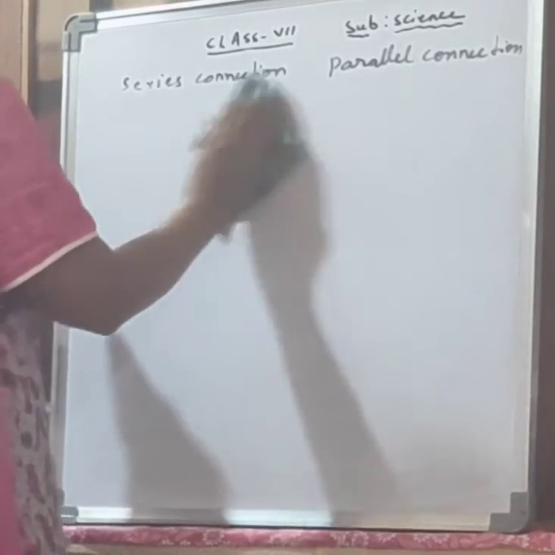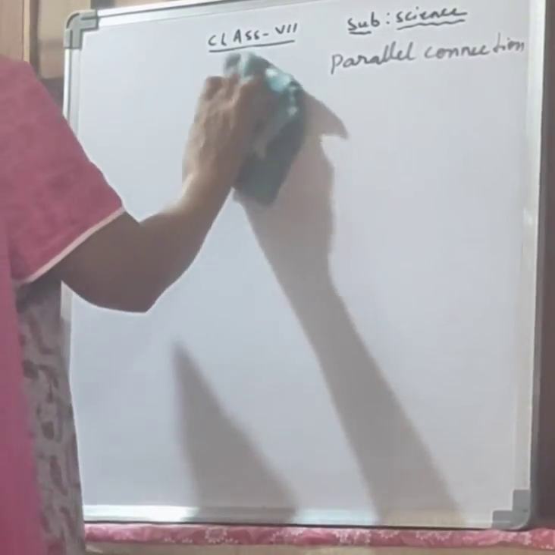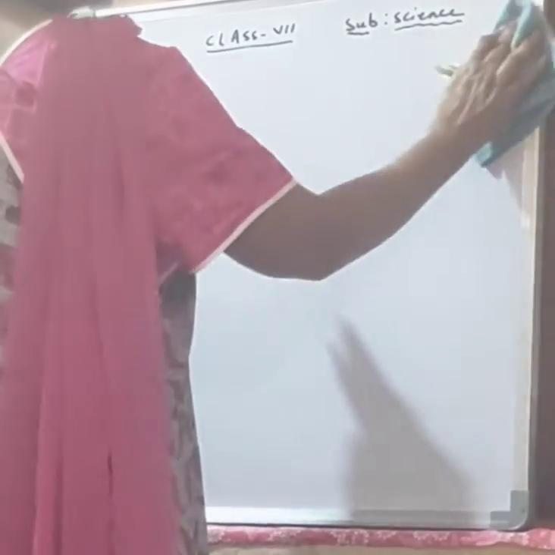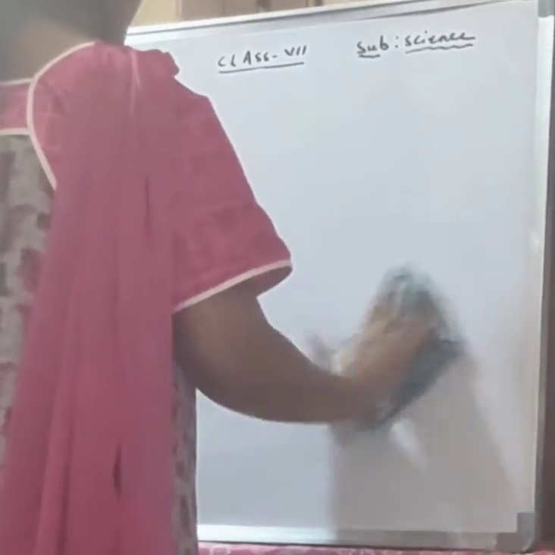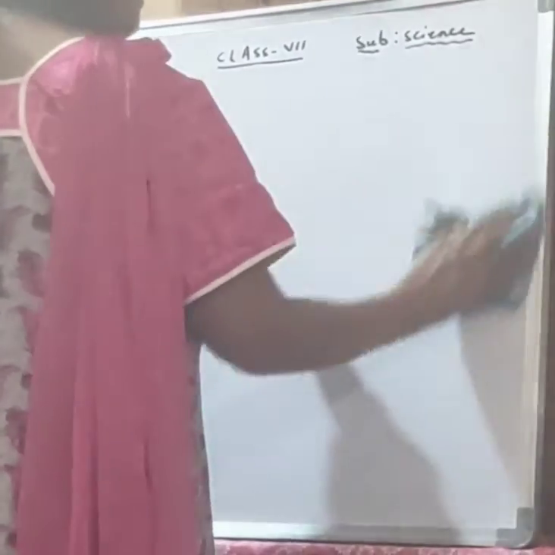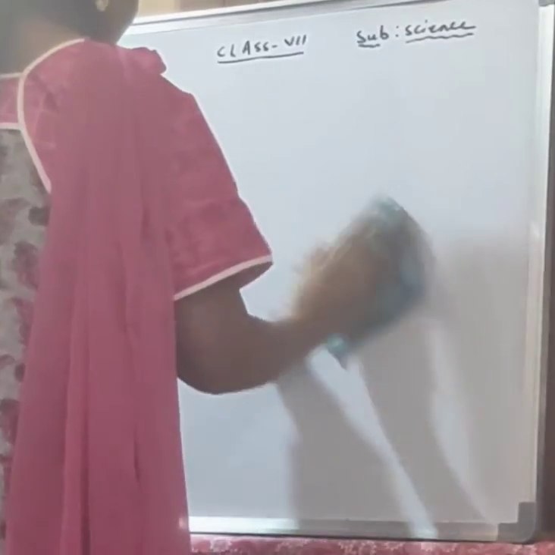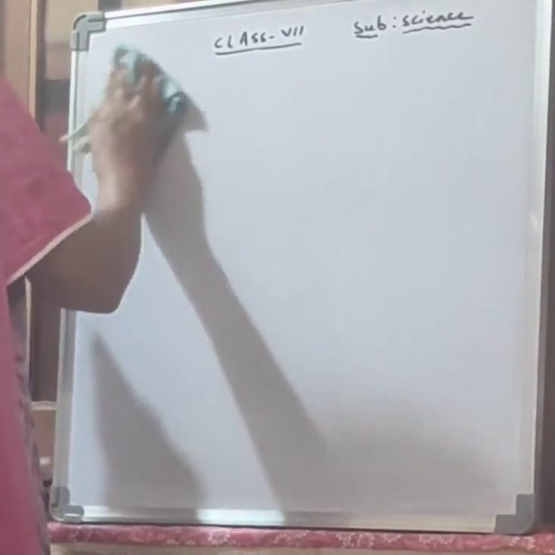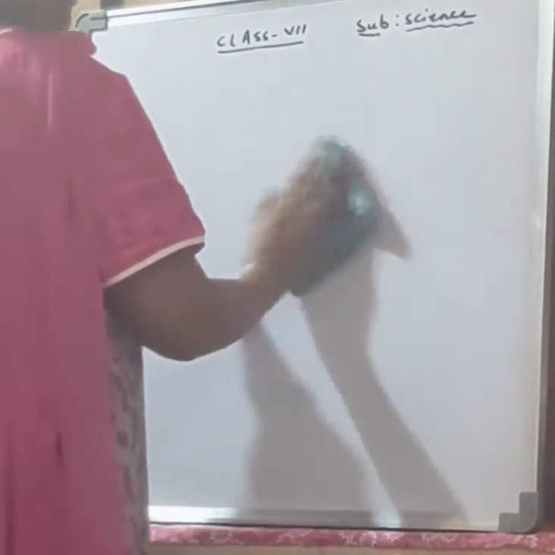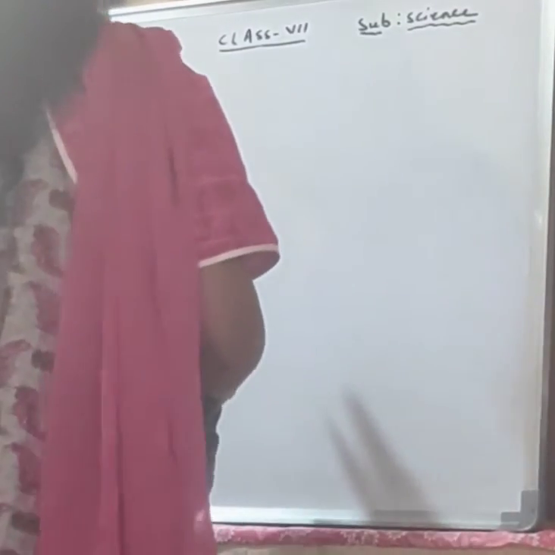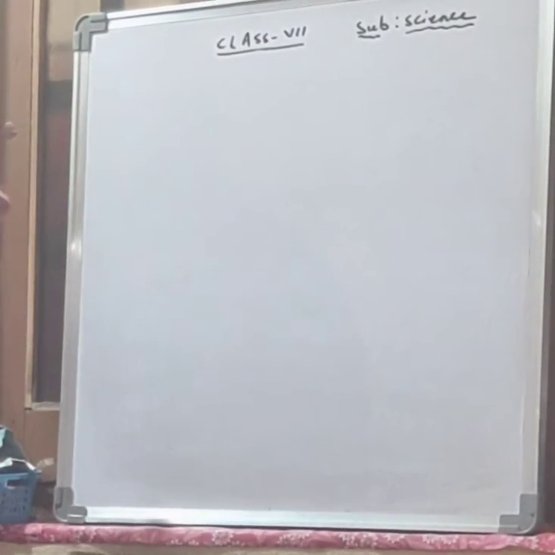See, if one bulb fuses in the bedroom, will all the bulbs go off? They won't go, no? Whichever bulb is fused up, only that one does not give light. The bedroom bulb failed, but the kitchen and front room bulbs glow, no? All the other appliances work, no?